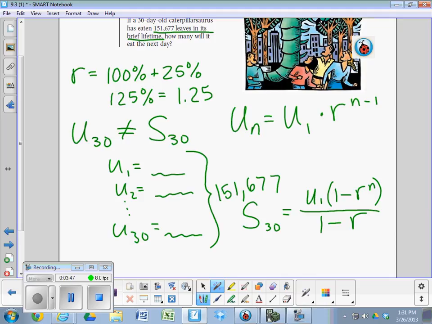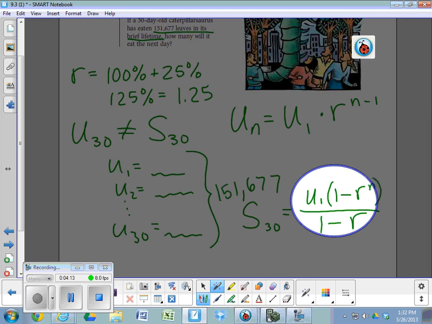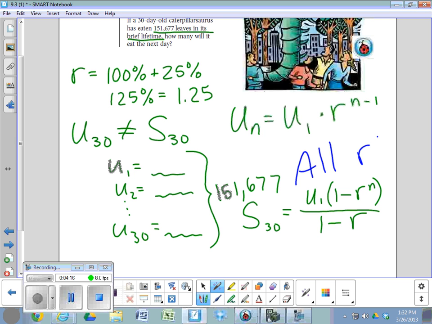And that formula that just disappeared in blue was only applicable if R was between -1 and 1 and it was infinite. This formula works for any geometric series as long as you have a stopping value, even the ones where R is a decimal, okay? This formula works for all values of R. R could be 1.25, R could be 0.5, R could be -0.3, R can be anything. As long as it's geometric, this formula will work.